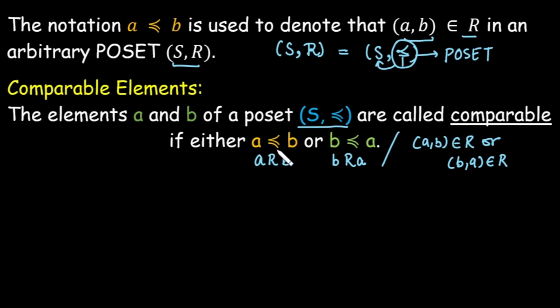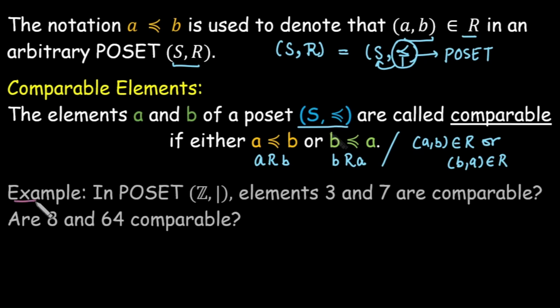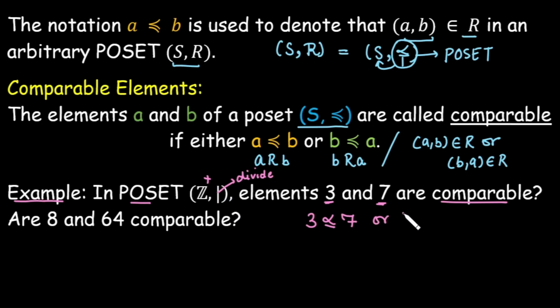This is a symbol that indicates that this is always a POSET. For example, in a POSET, when we say that the set of positive integers with the divides relation, whether elements 3 and 7 are comparable, means we just need to check whether 3 is related with 7 or 7 is related with 3.